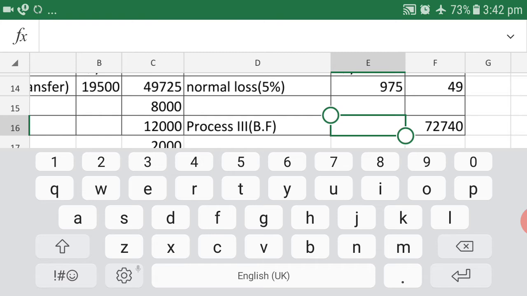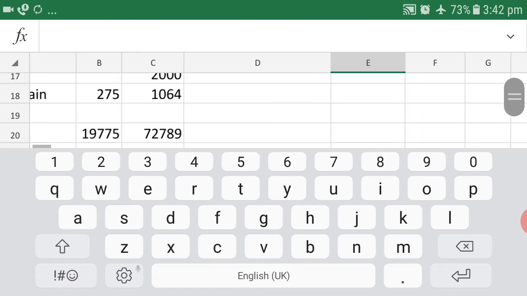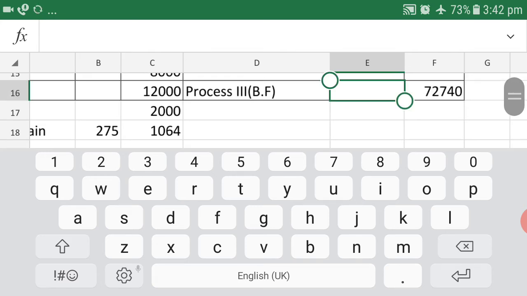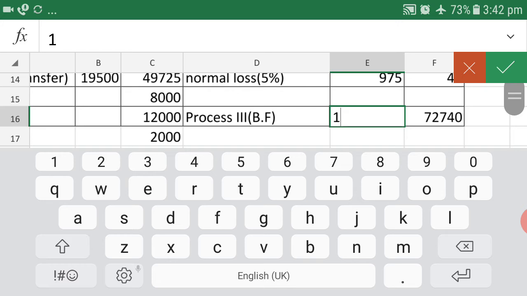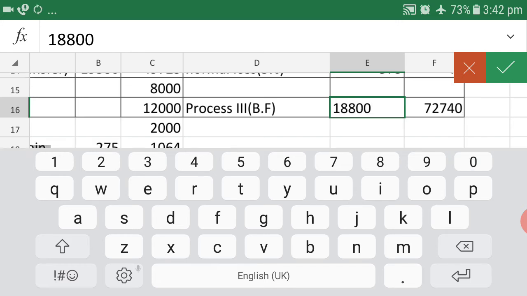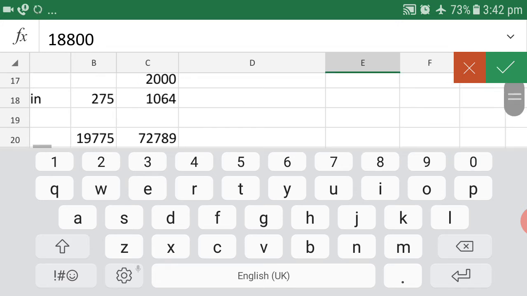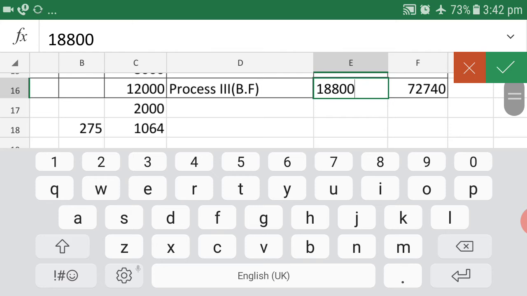Likewise, 19,500 plus 275 is 19,775, minus 975 gives 18,800. So the balance figure is also found. This 18,800 is already given in our question as the output of process number 2.